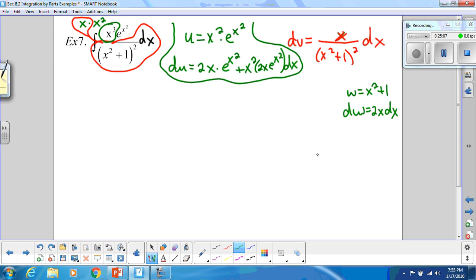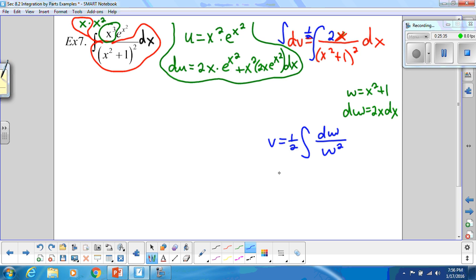All right, so over here, v, I have to do the integral. So I'm taking the derivative. Remember, we need the 2, so we can compensate outside with the 1/2. So I'm going to get v is equal to 1/2 times the integral of dw over w squared, or w to the negative second.